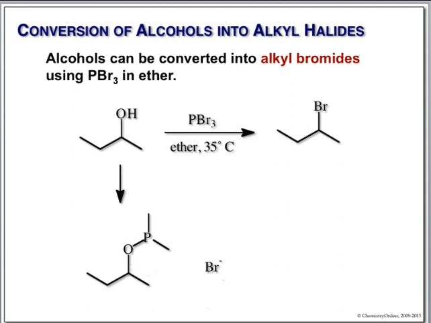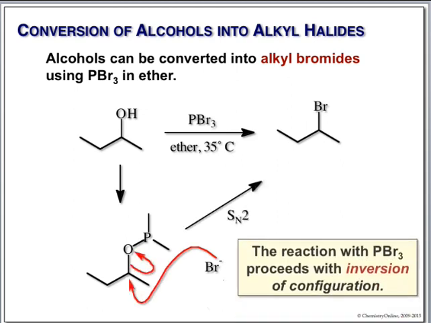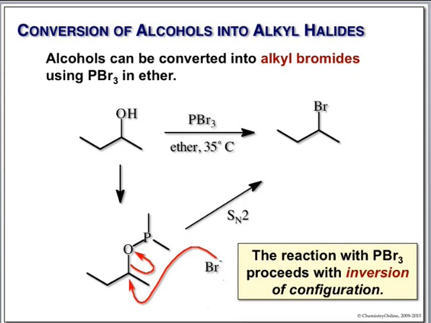We do that and lose Br minus. In our second step, Br minus does a simple SN2 reaction. Remember those? It comes in, it attacks, the phosphate ester leaves. When it does, we get the alkyl bromide. But because this is an SN2 process, we get inversion of configuration here.